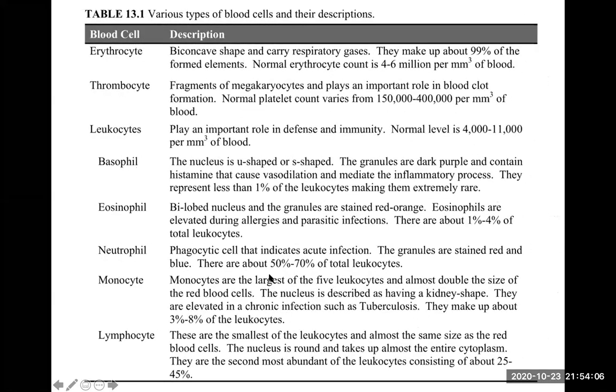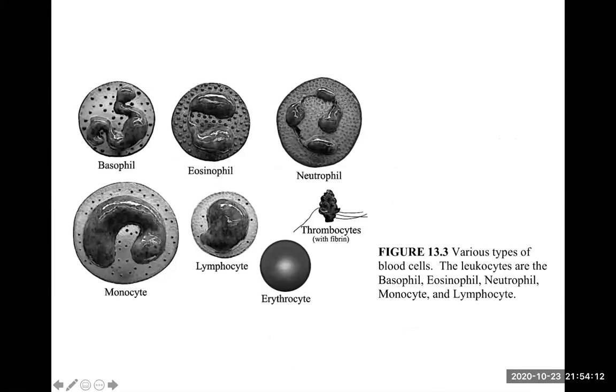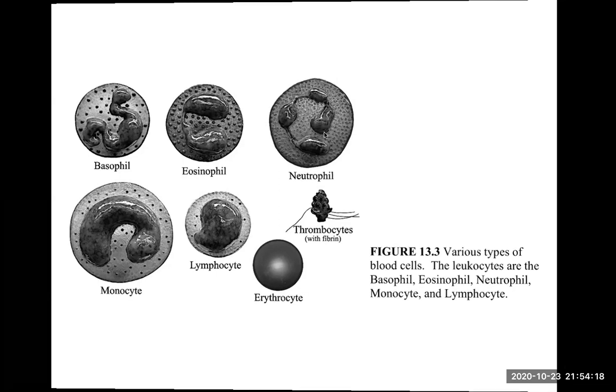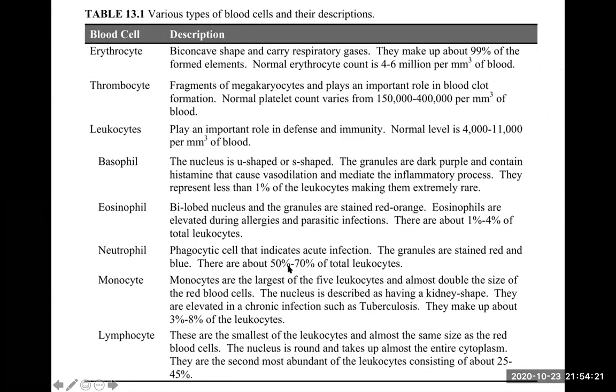For neutrophils, the granules are stained red and blue, usually with a multi-lobed nucleus. Again, you can see the multi-lobes of the nucleus. They are the most common white blood cell, making up about 50 to 70% of total leukocytes.